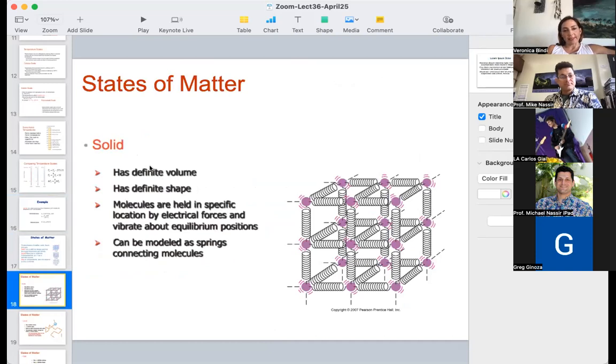So for the solid, we said it has a defined volume, defined shape, and the molecules are held in specific locations by electrical forces and vibrate about the equilibrium position, and can be modeled here, as you see, as springs that are connecting all the molecules.